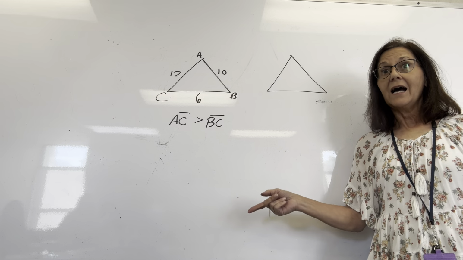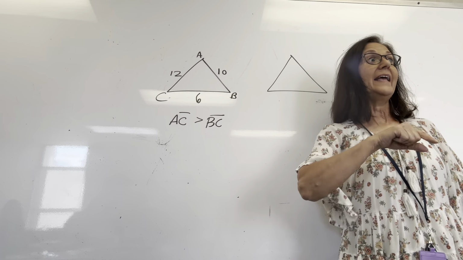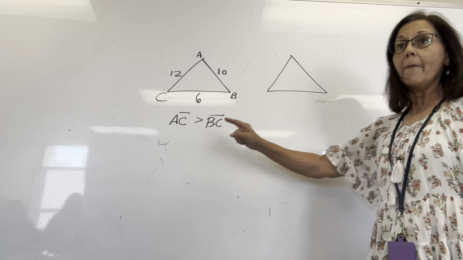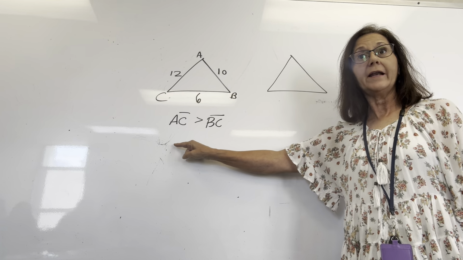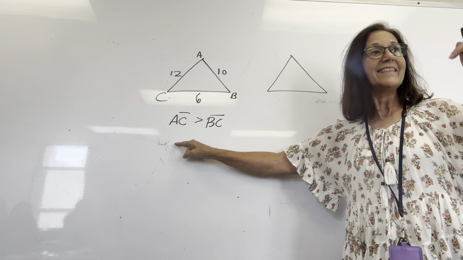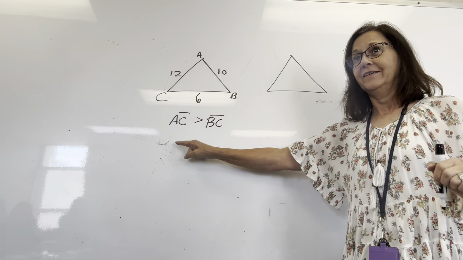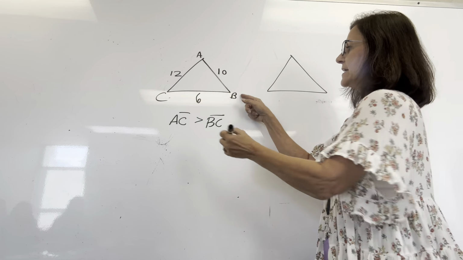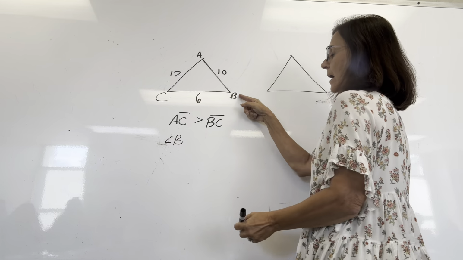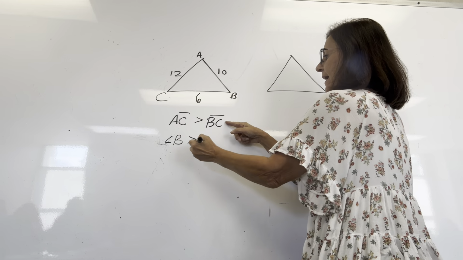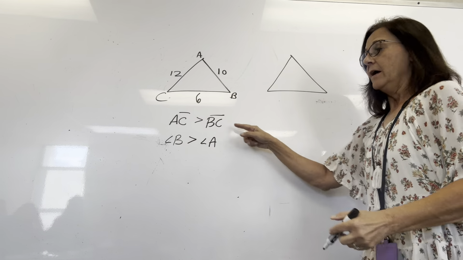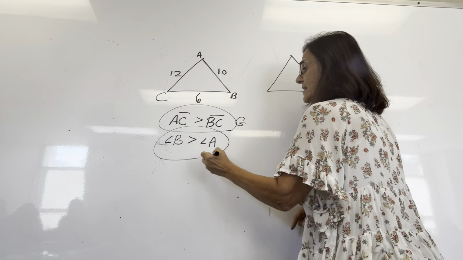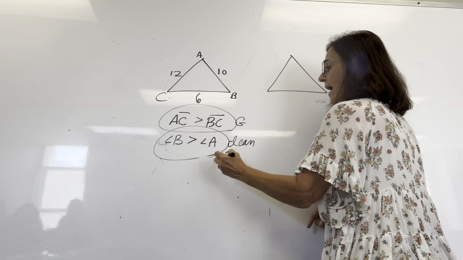From this, I can write an angle inequality. I can say the angles opposite these sides are unequal in the same order. Keywords, in the same order. So opposite AC is angle B. Opposite BC is angle A. So if this is given, this is what I can know.